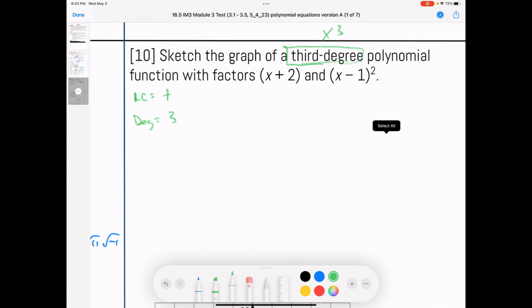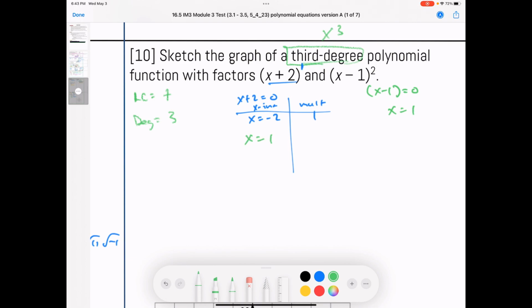If you set those equal to 0 and solve, you'll get negative 2 as my x-intercept. And this one is multiplicity. So multiplicity is 1. If you do this over here, and multiplicity is 2.